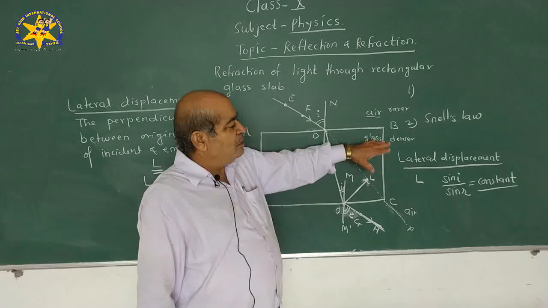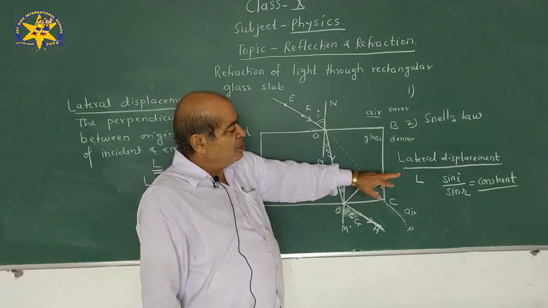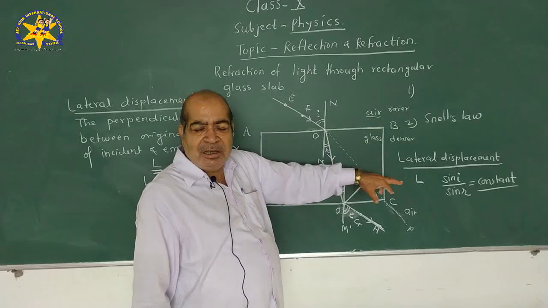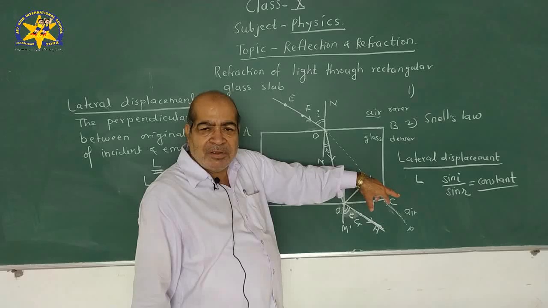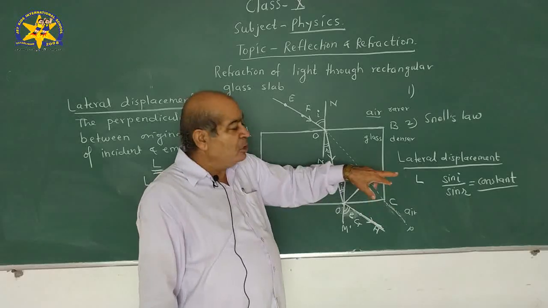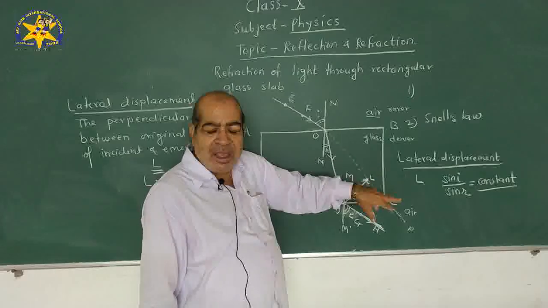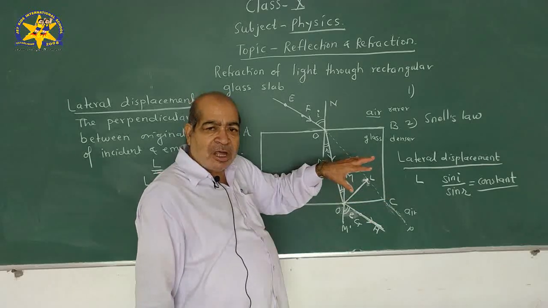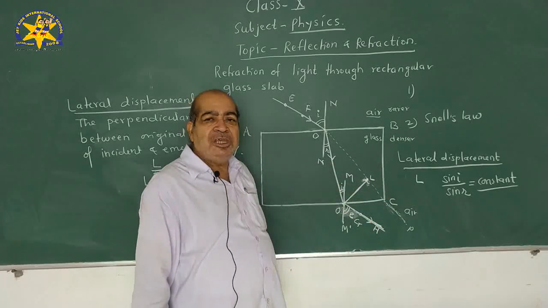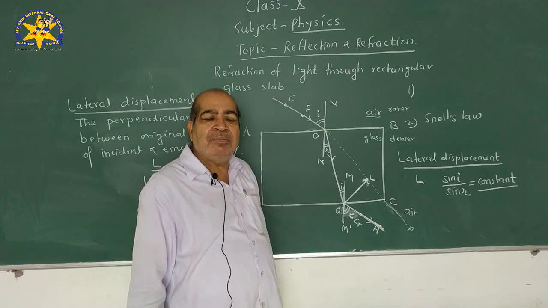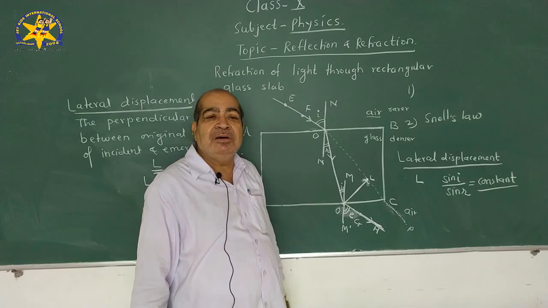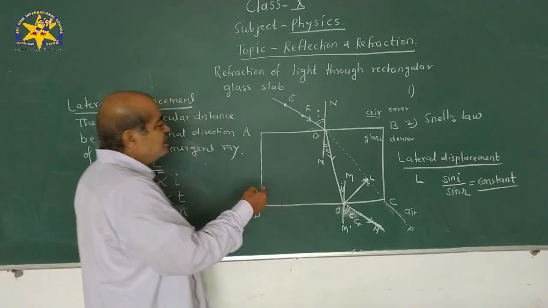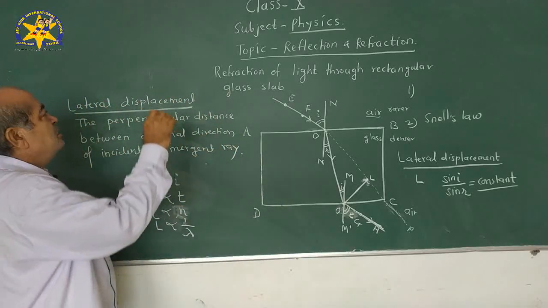So what is the second law? The ratio of the sine of the angle of incidence to the sine of the angle of refraction is constant for the given pair of transparent media, because if the pair is changed, the constant is changed.